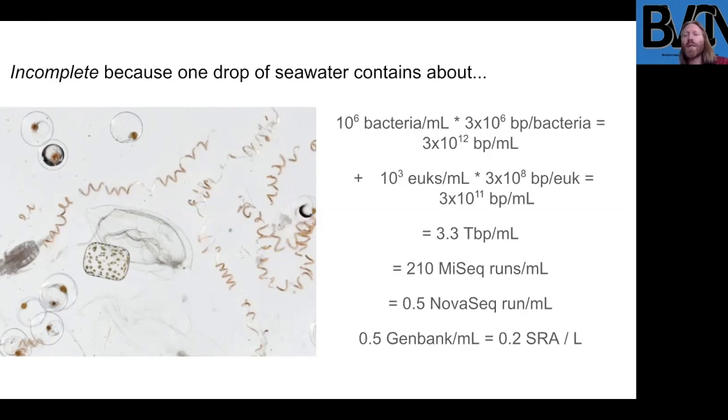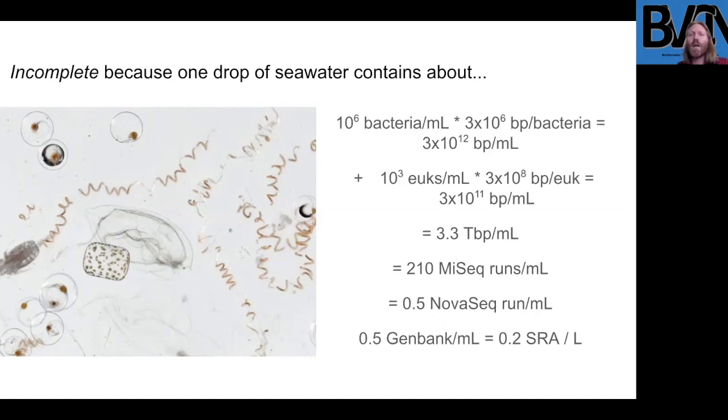Mostly what we do is we filter perhaps a liter of seawater onto a filter, extract the DNA, and then sequence a fraction of that, probably a very small fraction, maybe only a few percent. So it's important to realize that the output of a metagenomics sequencing run is not complete.